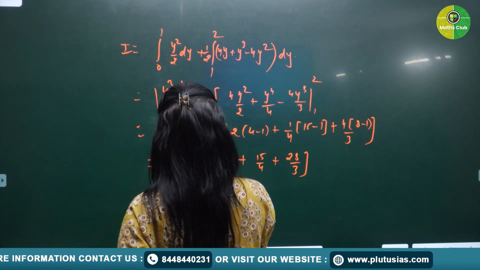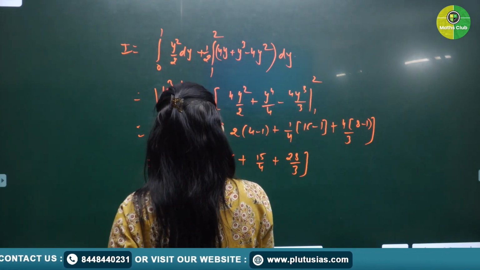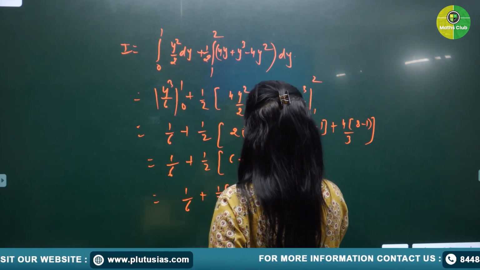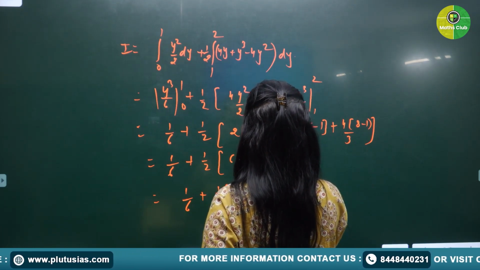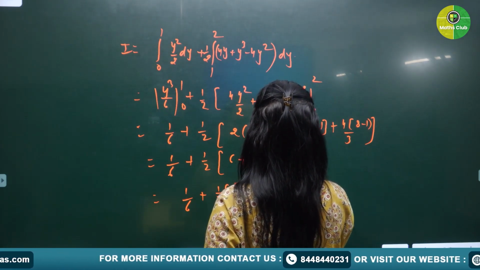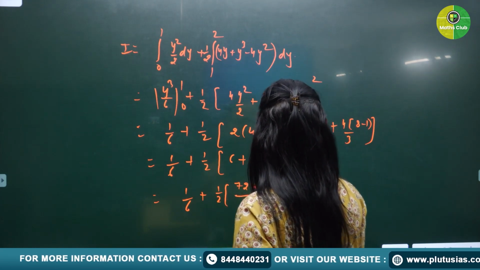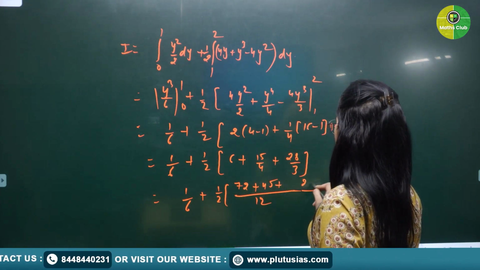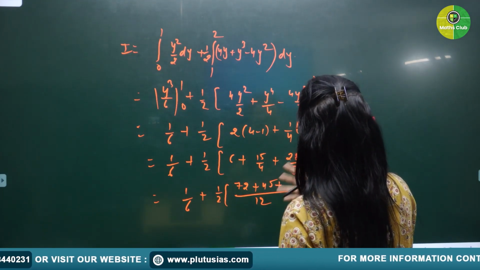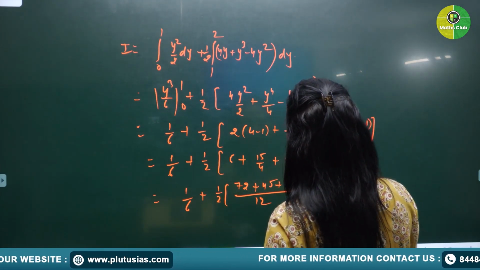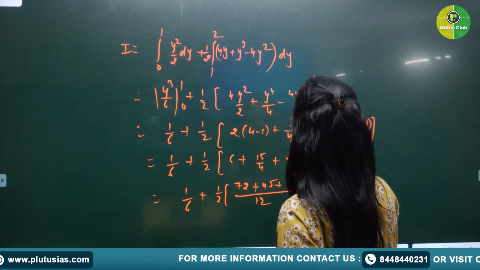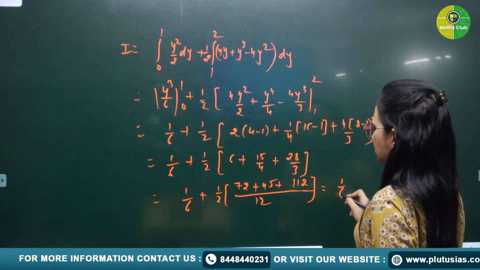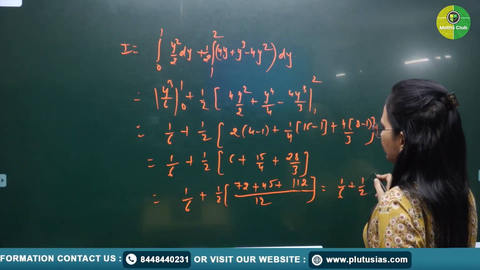This becomes 1 by 6, and the LCM of these is 12. So 12 into 6, that is 72, plus 3 into 15, 45, plus 28 into 4. So this becomes 1 by 6 plus half.